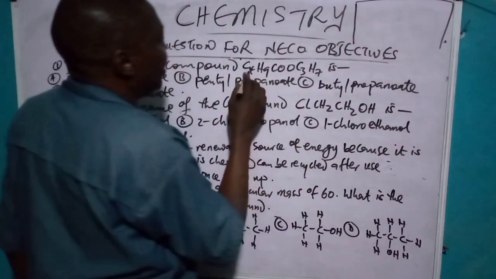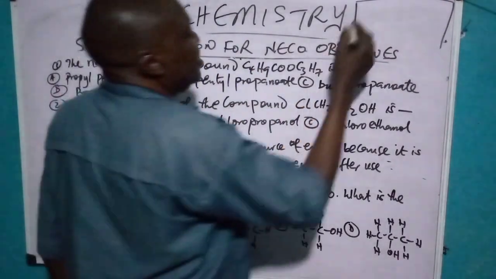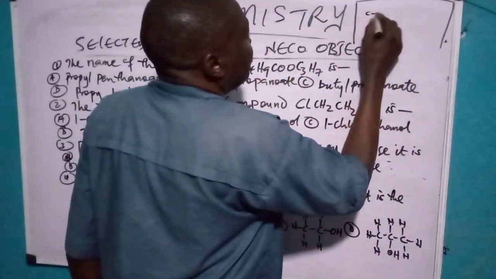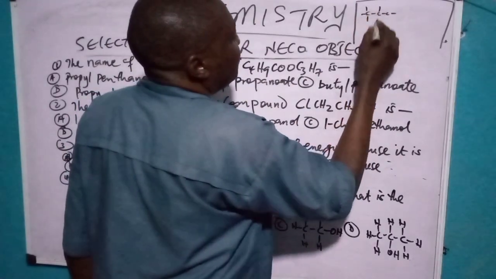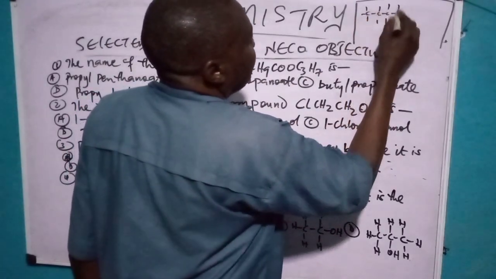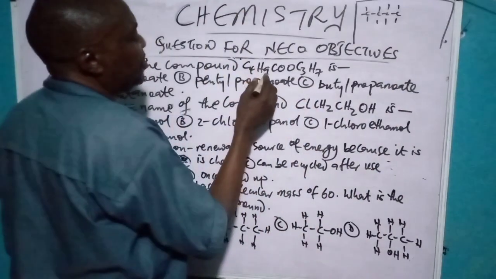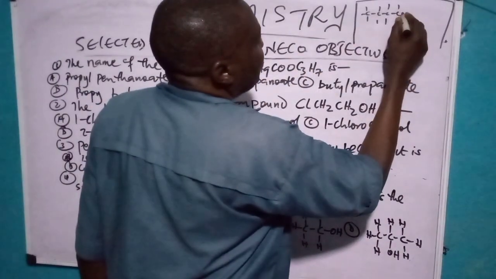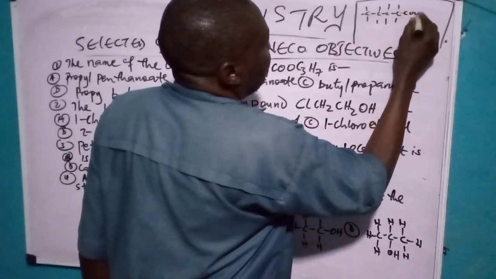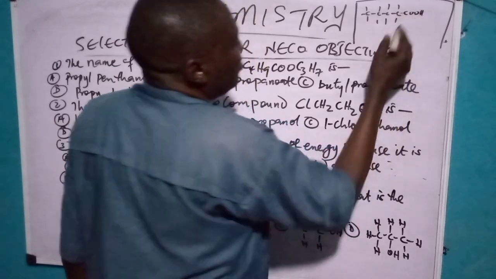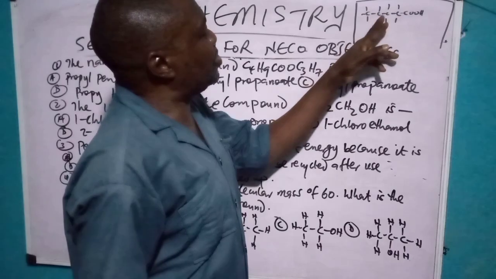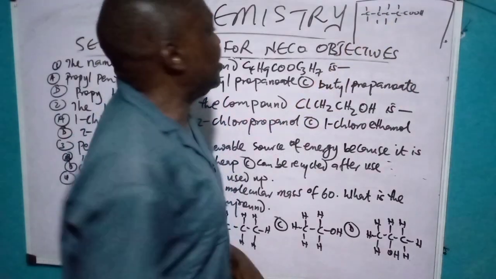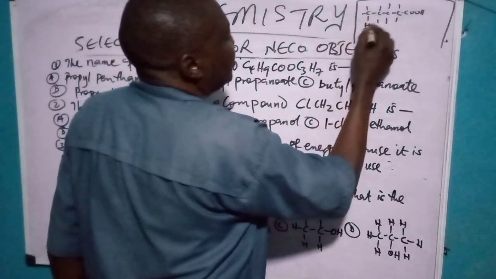So you can see the first one. Try to always draw the structure out. C4, 1, 2, 3, 4. H9, 1, 2, 3, 4, 5, 6, 7, 8, 9. So we have got C4H9, then C double-bond O, O, H. This means it is an alkanoic acid. And the name is 1, 2, 3, 4, 5, pentanoic acid. All these are hydrogen, as you already know.